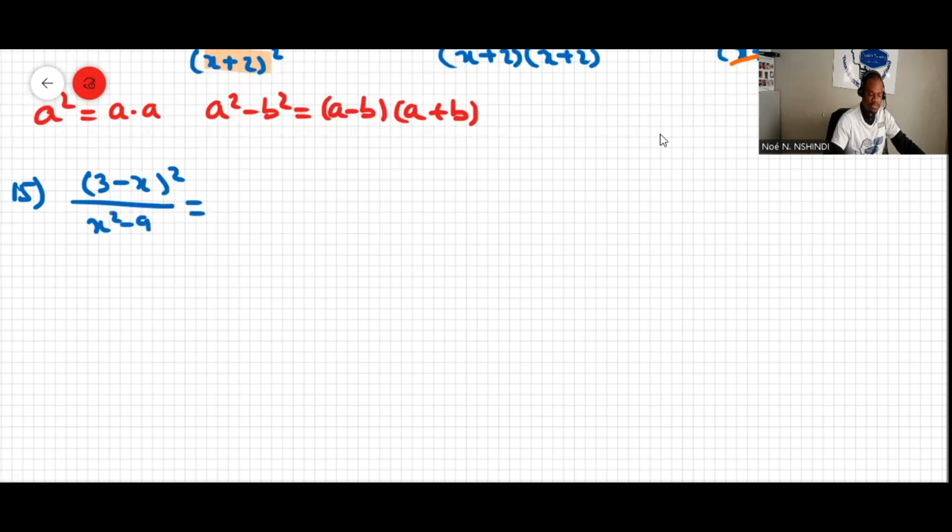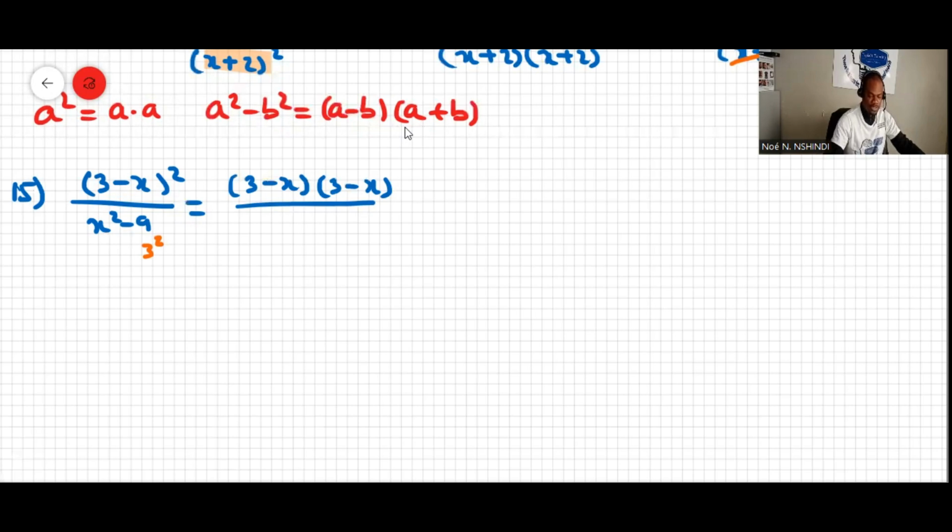Over here, at the numerator, we apply this formula, so this will be 3 minus x times 3 minus x. At the denominator, 9 is a square number. This is the square of 3, so it's like 3 squared there. So over here we have a difference of 2 squares, and we're going to apply this formula.